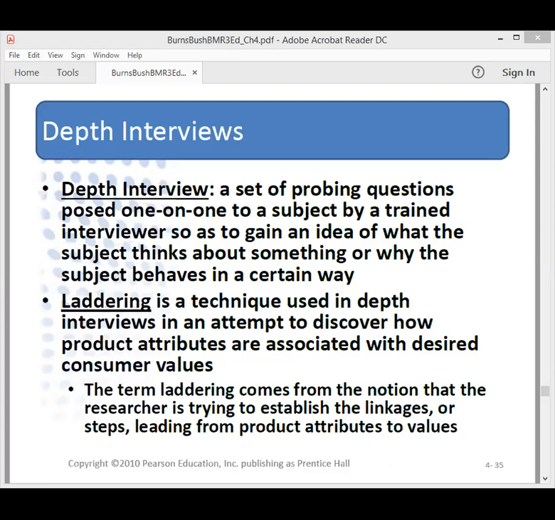And laddering is a technique that's used in interviews to discover how product attributes are associated with desired consumer values. It comes from the notion that the researcher is trying to establish the linkages or steps leading from product attributes to values.